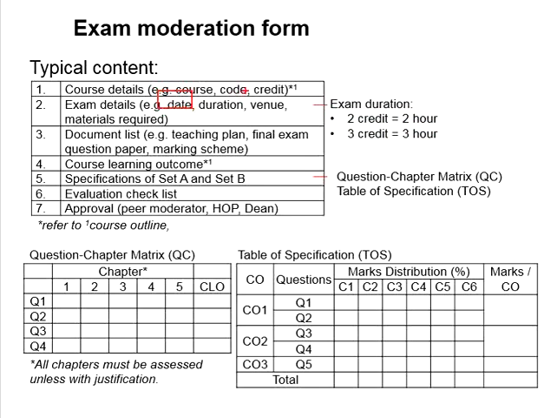As for the dates and the venue, these shall be determined by the exam unit. In terms of the materials required, include the provisions of standards in the case of open book examinations, provisions of the answer script, formula sheets, graph papers, and others.